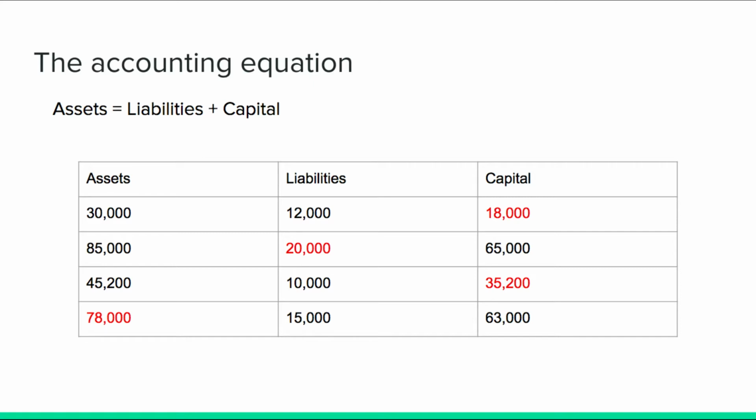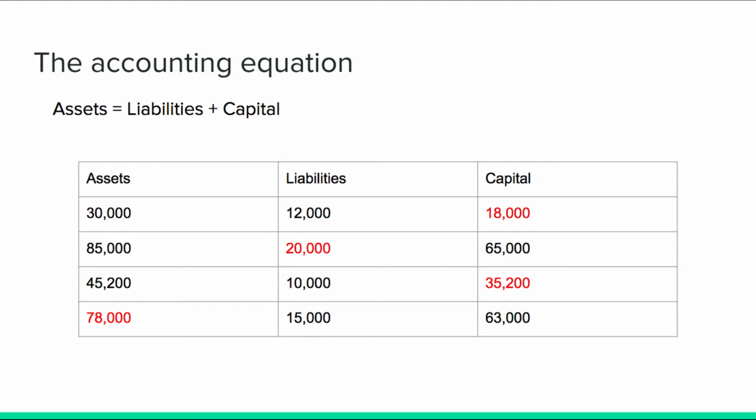Let's see the second example. Let's assume that we do not know the value of liabilities. We know the assets as 85,000 and we know the capital as 65,000. We know that assets is equal to liabilities plus capital.